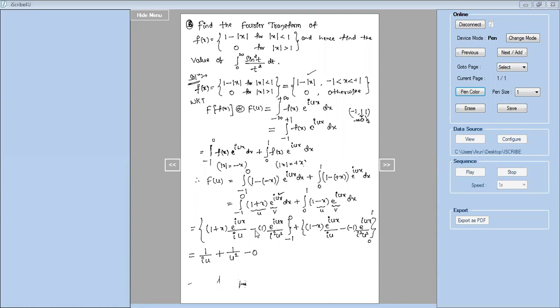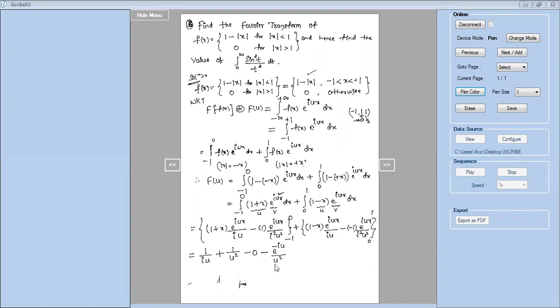Minus into this minus, it becomes plus. Plus into upper minus lower, one minus will be there. This minus is from the limits of upper minus lower limit. This minus into this minus, it is plus. Plus into i square is minus, so you get minus only. It is e power minus i u by u square. So this is by putting lower limit for this.